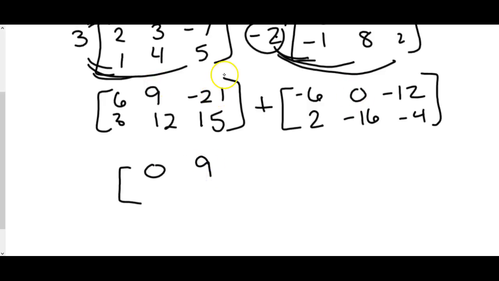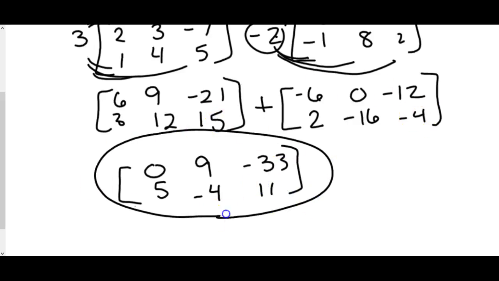Negative 21 plus negative 12 is negative 33. 3 plus 2 is 5. 12 plus negative 16 is negative 4. And 15 plus negative 4 is 11. So that is your final answer for that matrix expression, simplifying that matrix expression.